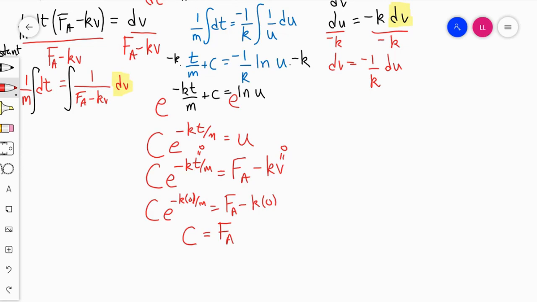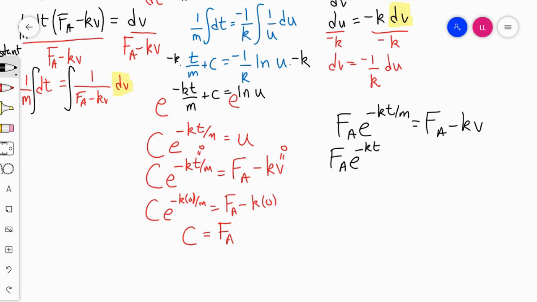And so we're going to say FA, because now I'm going to plug in my C, e to the negative KT divided by M equals FA minus KV, right? And so I'm going to subtract FA over. So I get FA e to the negative KT over M minus FA equals negative KV, right? And then I'm going to divide everything by negative K. In fact, we can make it look like we did in the skier question, right?